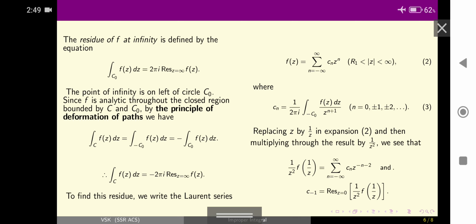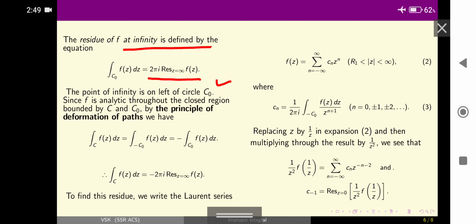Then the residue of f at infinity is defined by the equation integration of f(z) over C0 dz is 2 pi i times the residue at z equal to infinity of f(z). The point at infinity is on the left side of circle C0.